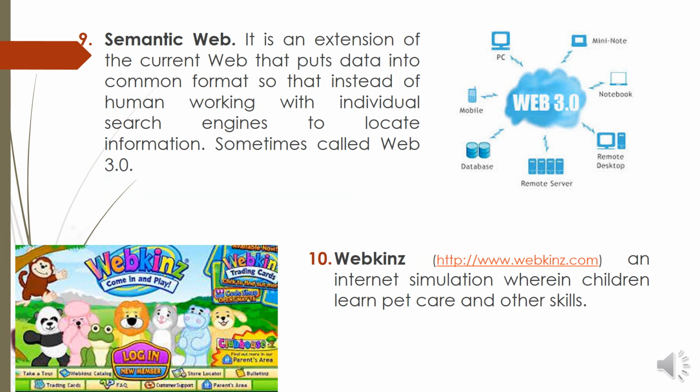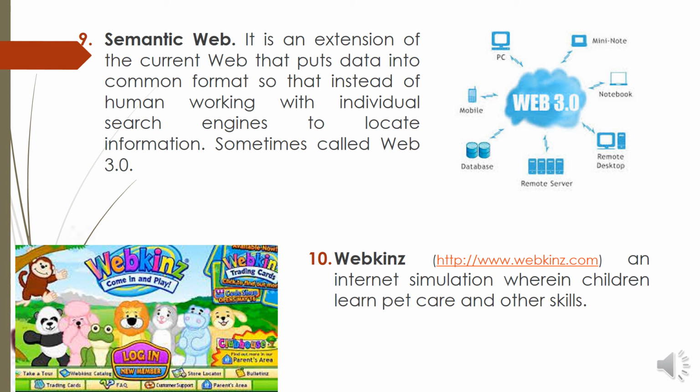Number 9, semantic web. Semantic web is an extension of the current web that puts data into a common format so that instead of humans working with individual search engines, such as, for example, Google, Ask Jeeves, to create or to locate information, the search engines themselves feed into a single mechanism.